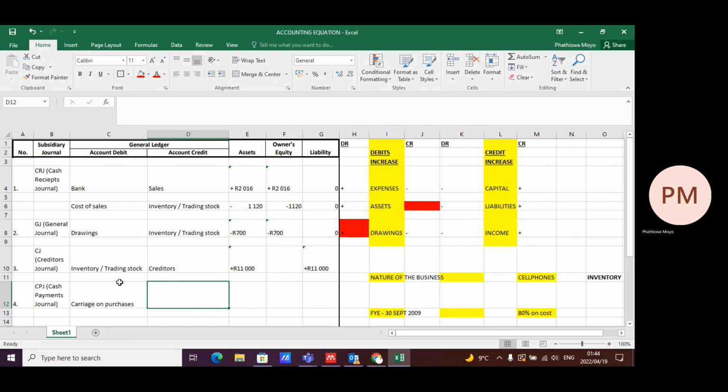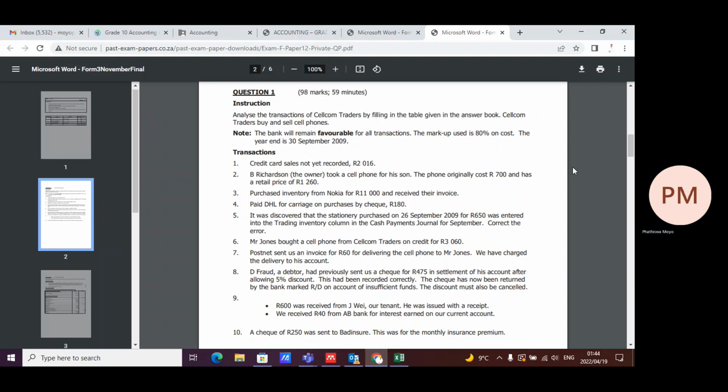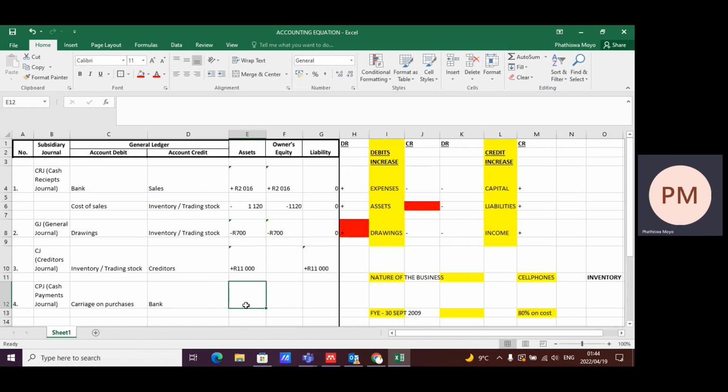Purchases. And then because we paid cash for it, let me just check. Paid by check. So now, because this is an old paper, most question papers now will say paid by electronic funds transfer, which is the EFT.